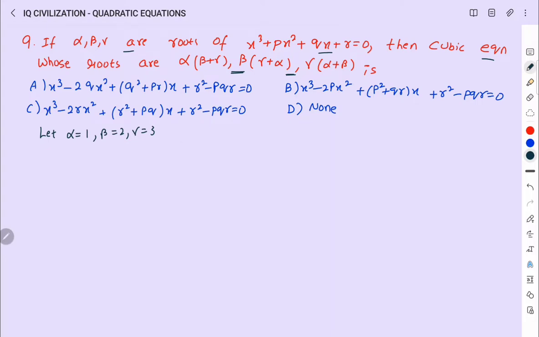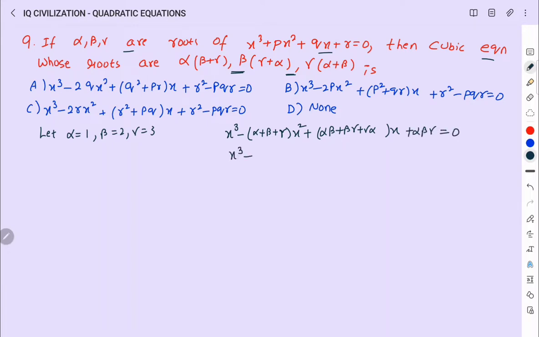So from here we will get an equation like x cube minus (alpha plus beta plus gamma) x square, plus (alpha beta plus beta gamma plus gamma alpha) x, minus alpha beta gamma equals 0.